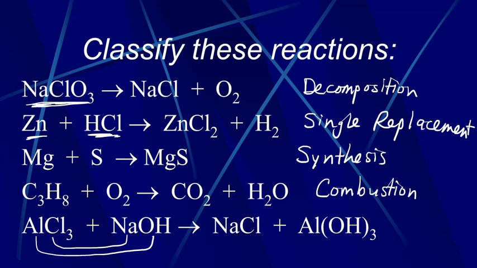So that's called a double replacement reaction. Some textbooks call that double displacement. So hopefully, at this point, you're able to take any simple chemical reaction and classify it into one of those five main types: synthesis, decomposition, single replacement, double replacement, and combustion.